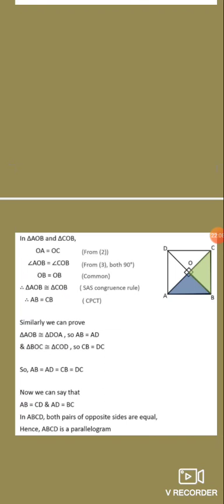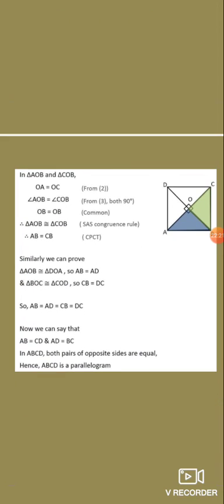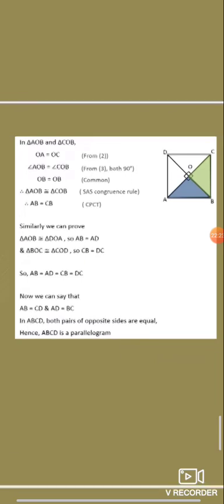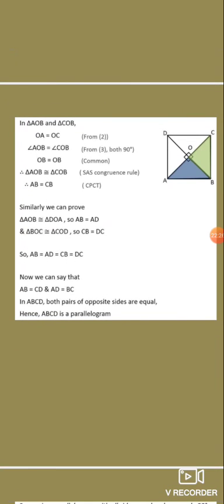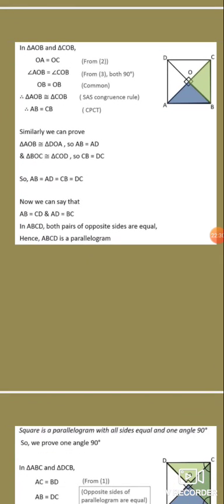So AB is equal to AD equal to CB equal to DC. All the sides are equal. Now we can say that AB equal to CD and AD equal to BC. In quadrilateral ABCD, both pairs of opposite sides are equal, hence ABCD is a parallelogram.